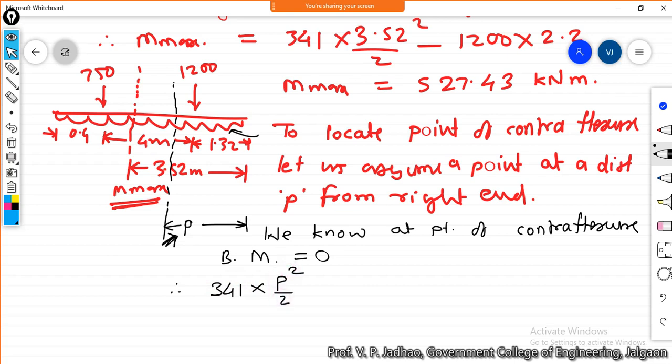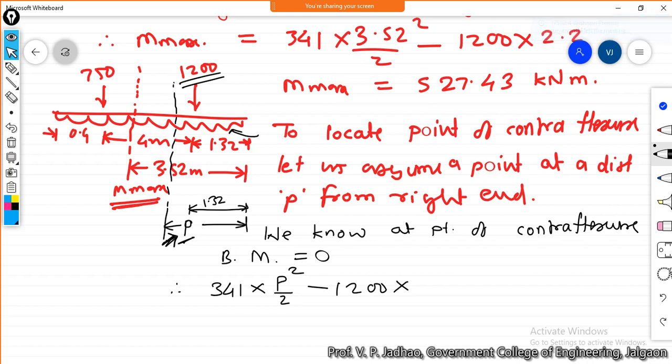The bending moment will be positive, and the negative bending moment will be due to this 1200 kilonewton load, therefore minus 1200 multiplied by this distance. Now we know that this particular distance is p, but this distance is 1.32.